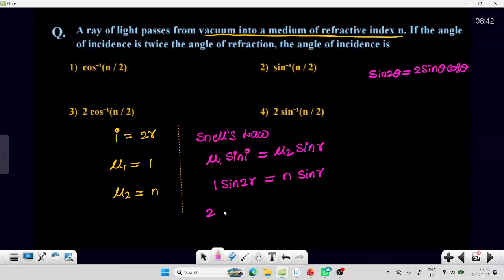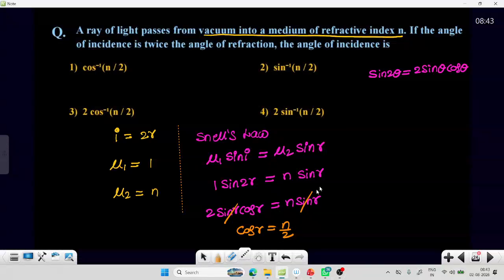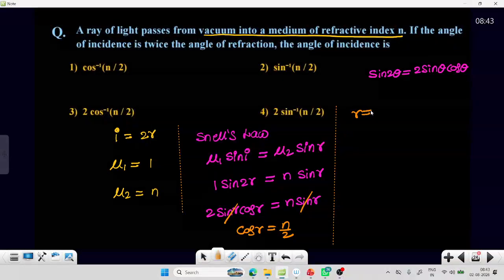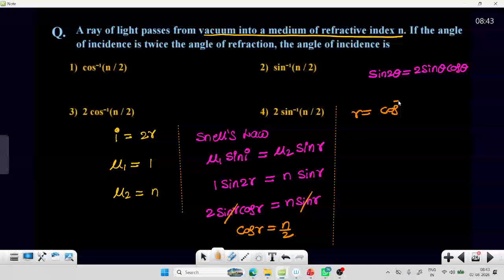So this means 2 into sin R into cos R is equal to n into sin R. So this sin R will get cancelled, and we'll get cos R equal to n by 2. That means R is equal to cos inverse of n by 2.